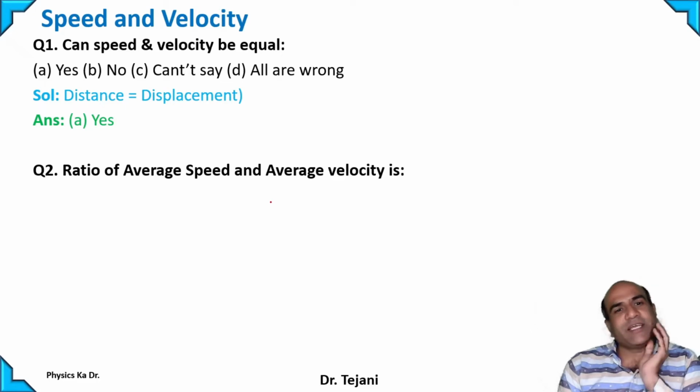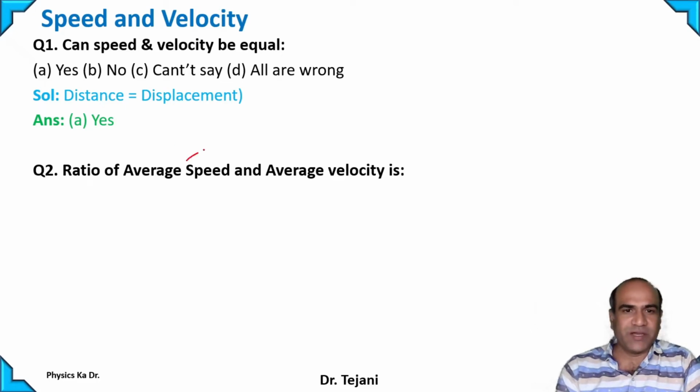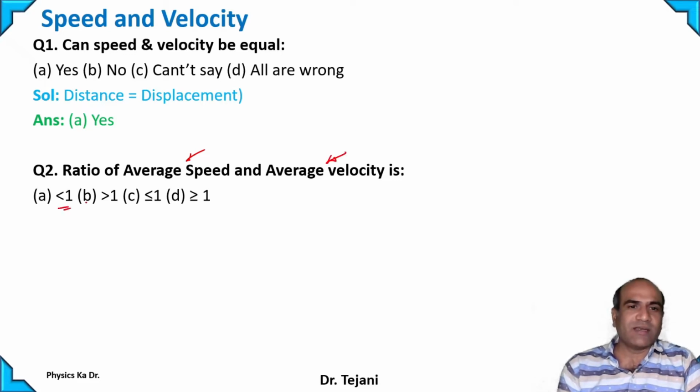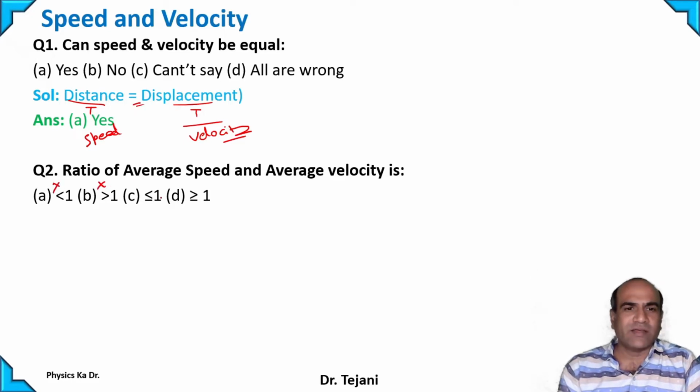The second question is: the ratio of average speed and average velocity is. Options are less than 1, greater than 1, less than or equal to 1, greater than or equal to 1. We have seen here distance divided by time, that becomes speed, and displacement divided by time, that becomes velocity, right? So there can be equality. So the first option is wrong, the second is wrong, fine. Let's check the other two.